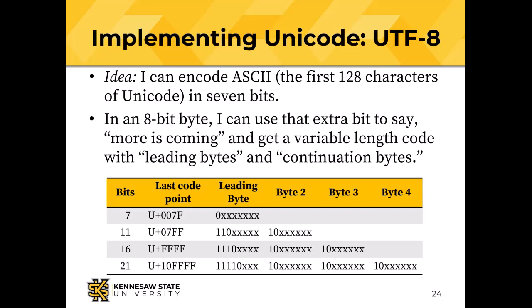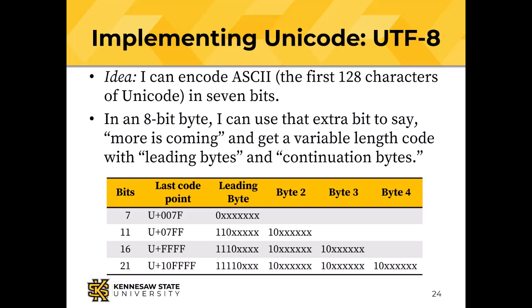If I need 16 bits, that's going to take 3 bytes instead of 2, but the leading byte is a 1110 and then 2 trailing bytes. That gives me 16 bits of data. I can get 21 bits of data, enough to enumerate over 2 million things with a 11110 leading byte and 3 trailing bytes.